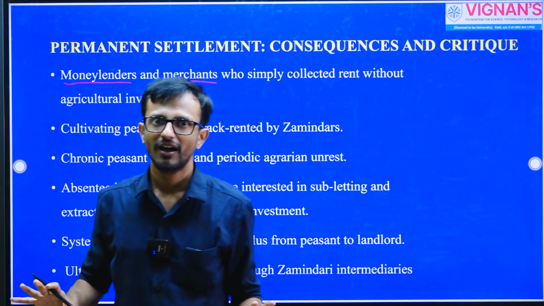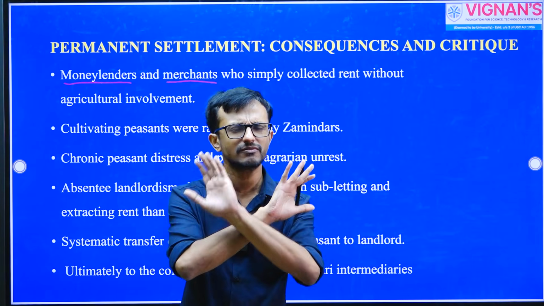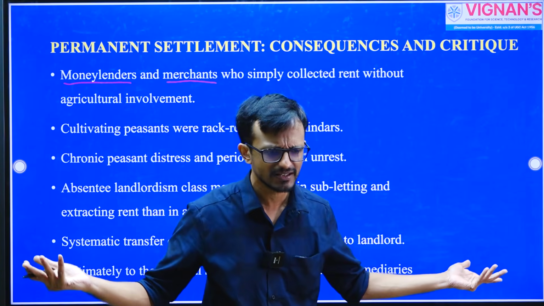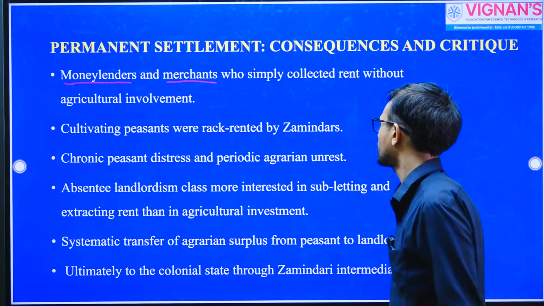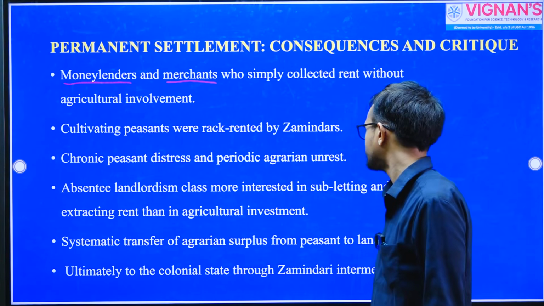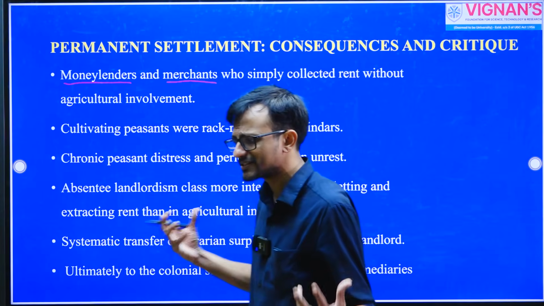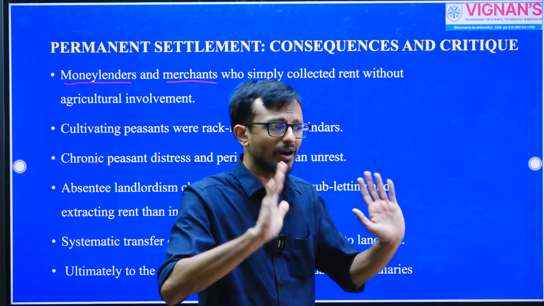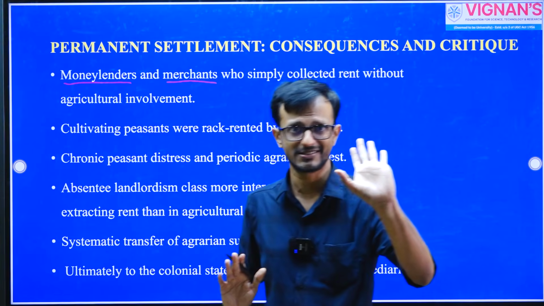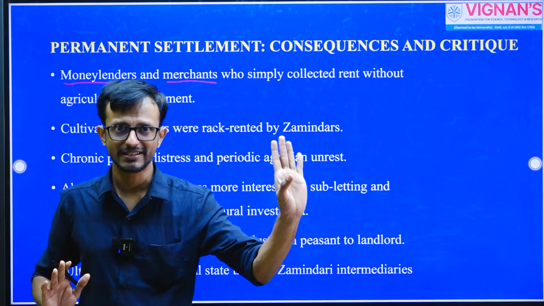The zamindari system, also known as permanent settlement, was a completely exploitative system, where the peasant is not getting anything. Money lenders and absentee landlords are taking everything from the peasants, and it's ultimately the colonial state that is benefiting from that, because revenue you have to somehow deposit to the colonial state. Revenue should reach the colonial state.